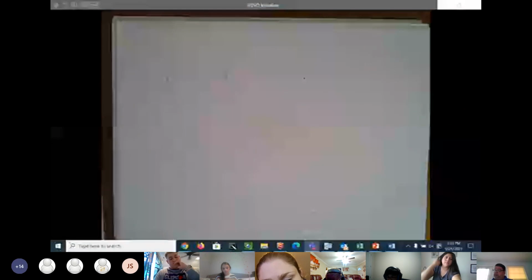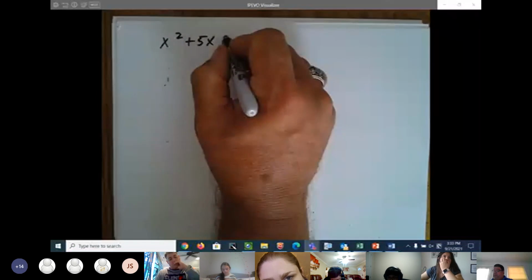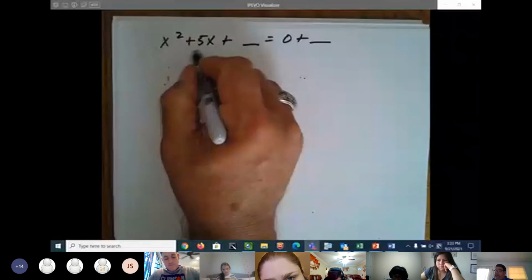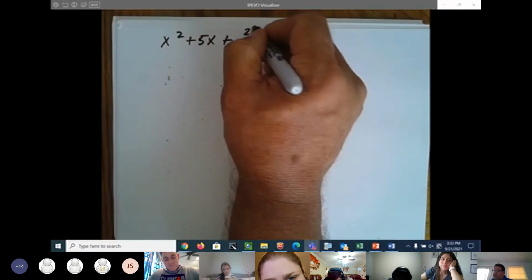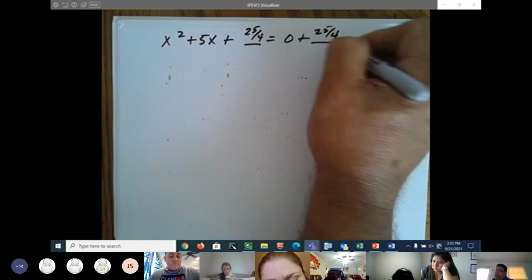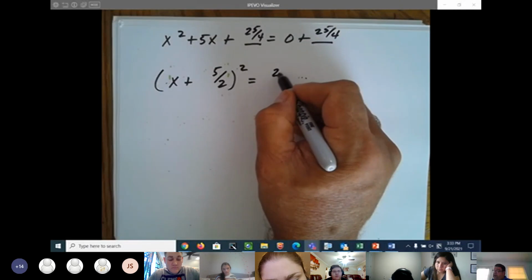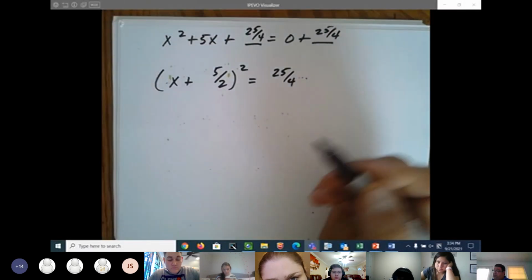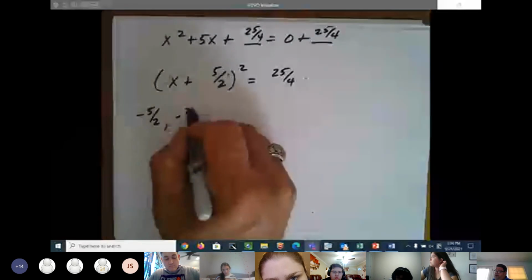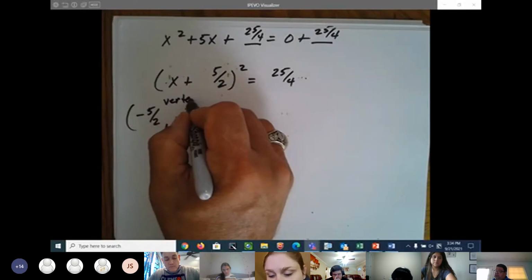X squared plus 5x plus blank is equal to 0 plus blank. 5 halves squared is 25 fourths. 25 fourths. X plus 5 halves quantity squared is equal to 25 fourths. So the vertex is negative 5 halves and negative 25 fourths. That's what I need, the vertex.